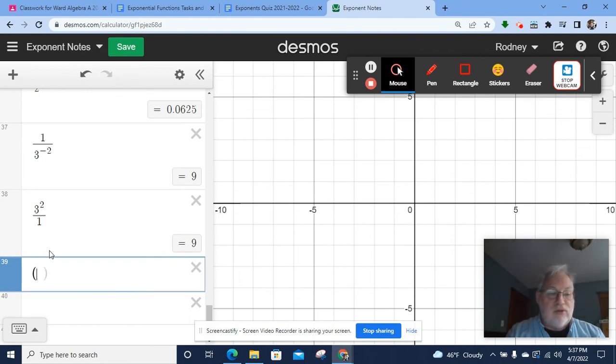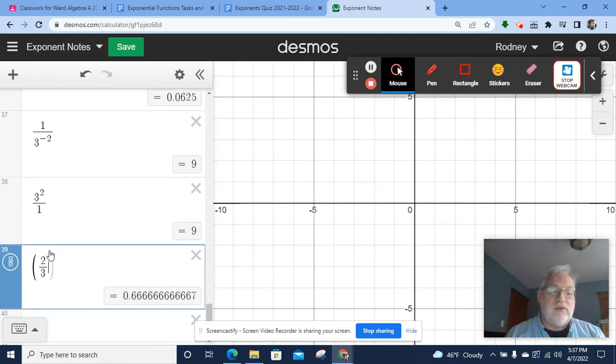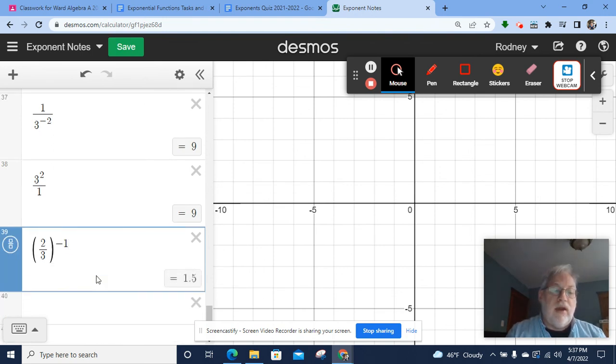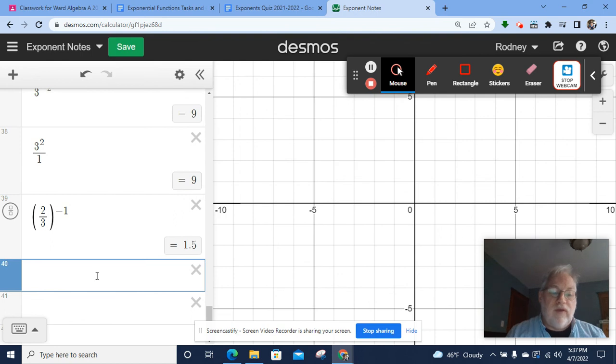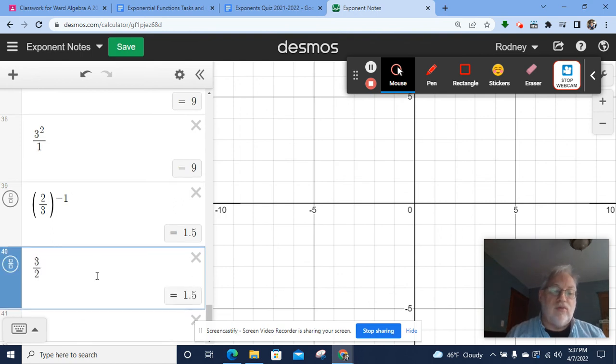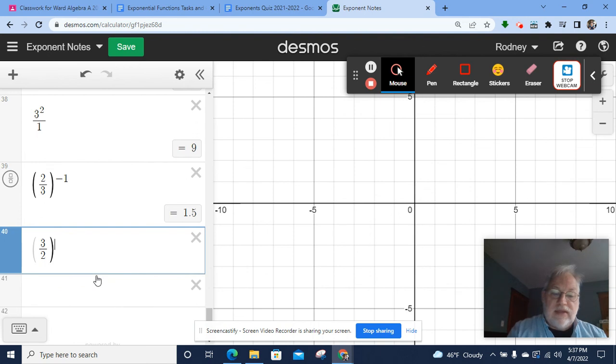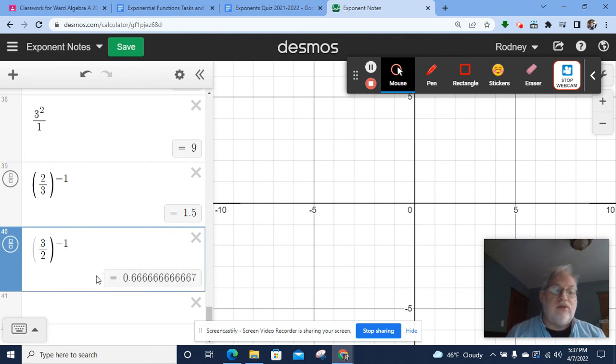So I'll demonstrate with 2/3. So 2/3 as a decimal is 0.6 repeating. Okay, if I raise that to a negative 1 power, now I get 1.5, which is 3/2. So I have simply flipped that. And then if I raise that, I'll put it in parentheses, to the negative 1 power, I go back to 2/3, which is 0.6 repeating.